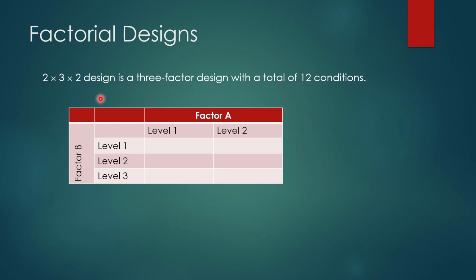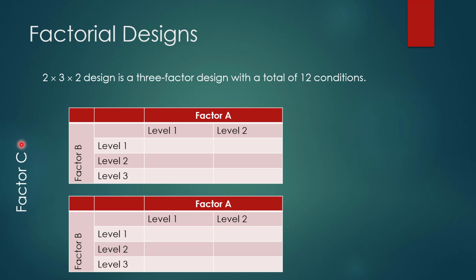But wait, what happened to our third factor? That's factor C. It says factor C has 2 levels. So this is one way to represent this type of design. Now we have 1, 2, 3, 4, 5, 6, 7, 8, 9, 10, 11, 12 different conditions for our three-factor design.